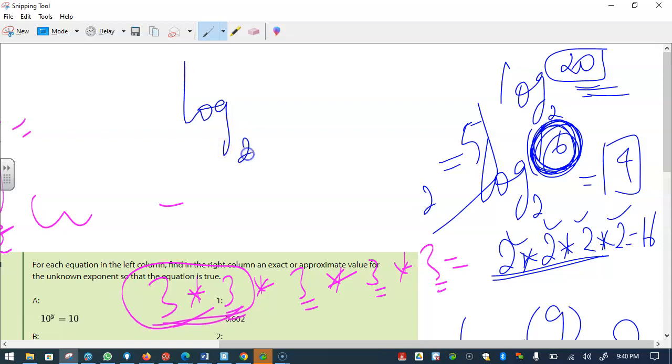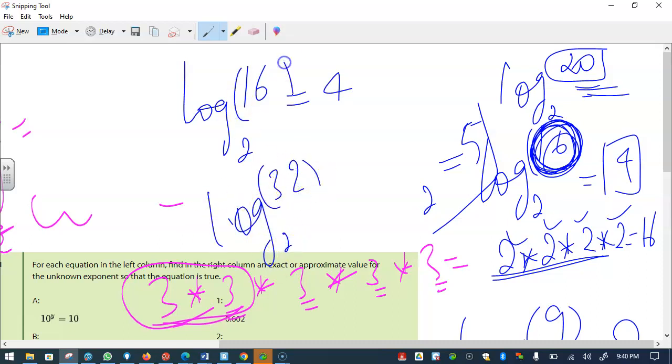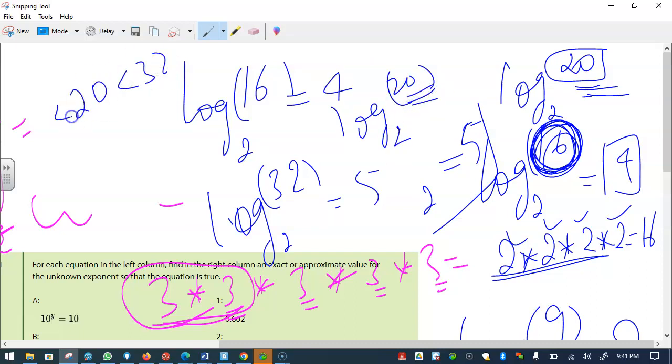Logarithm of 16 to the base 2 is 4, and logarithm of 32 to the base 2 is 5. So if asked what is logarithm of 20, you can see 20 is between 16 and 32, so the answer has to be between 4 and 5.